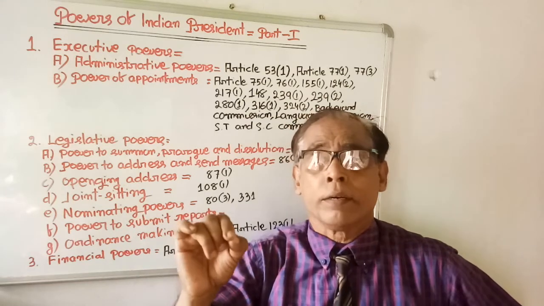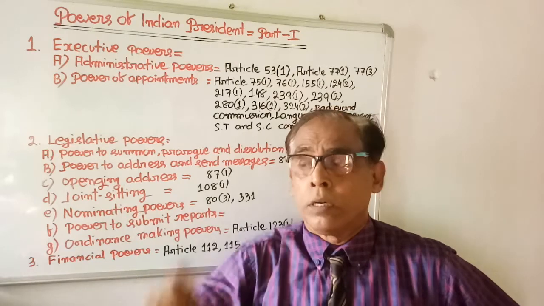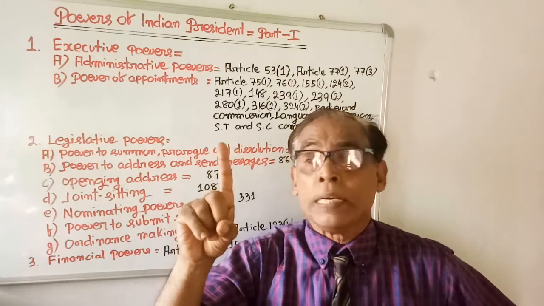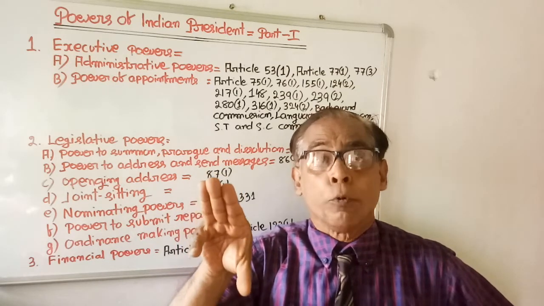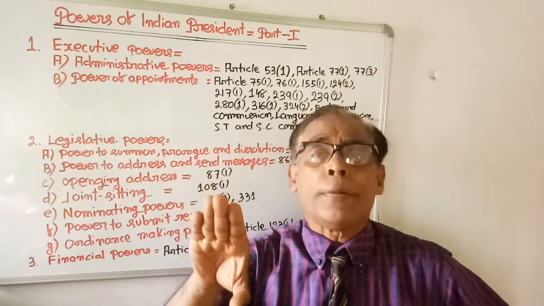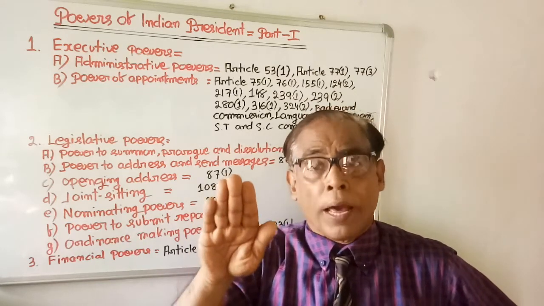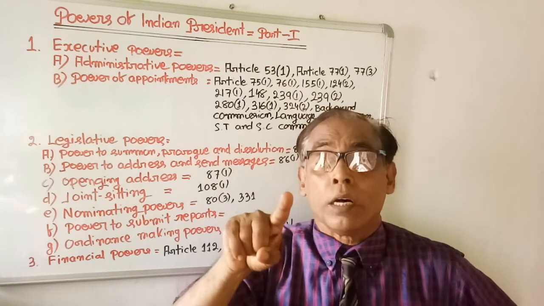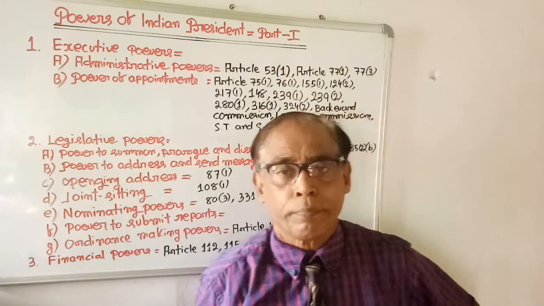He will submit the annual report of the Union Public Service Commission. He will submit the budget of the country. He will submit the report of the SC/ST Commission, the Backward Classes Commission, the Finance Commission, and the linguistic commissions in the Parliament.